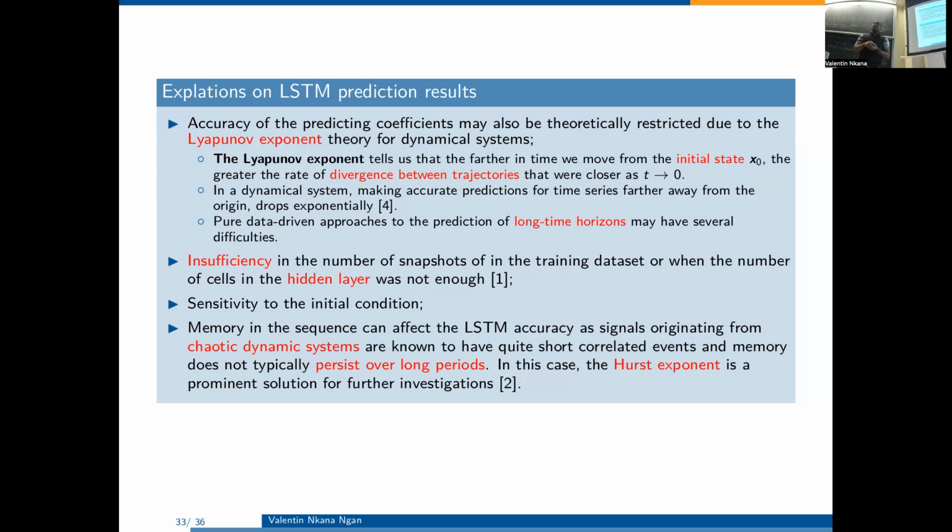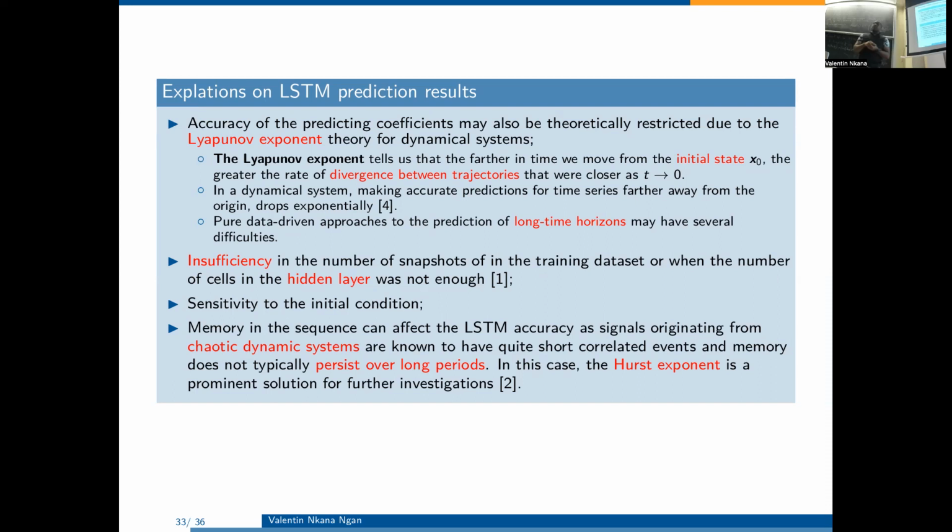The second one is that maybe the number of modes, the number of snapshots that we used, was not enough to reproduce those simulations. The sensitivity to the initial solution is also really important. That's why I ask how we can efficiently choose the initial condition when we assume an LSTM on the data. There's also what we call memory, because given a set of data, memory may or may not be present.